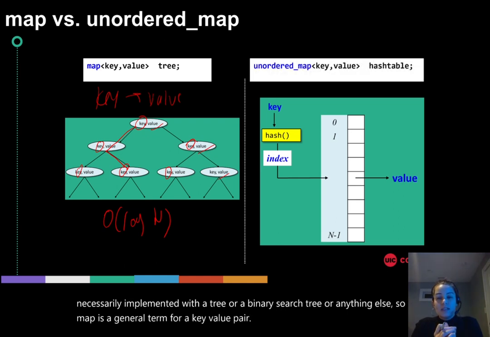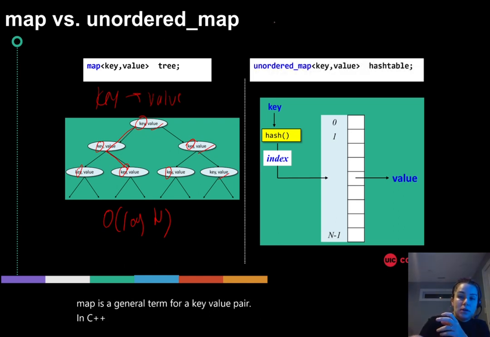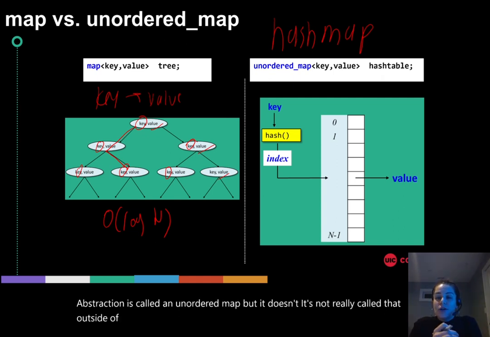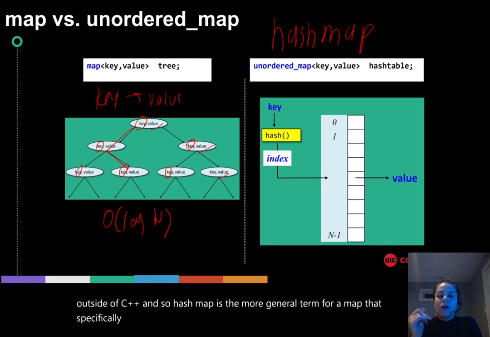In C++, the hash map abstraction is called an unordered map, but it's not really called that outside of C++. Hash map is the more general term for a map that's specifically implemented with a hash table.